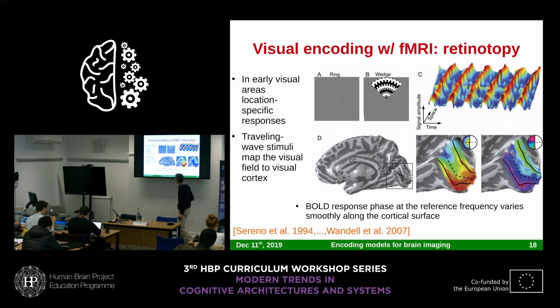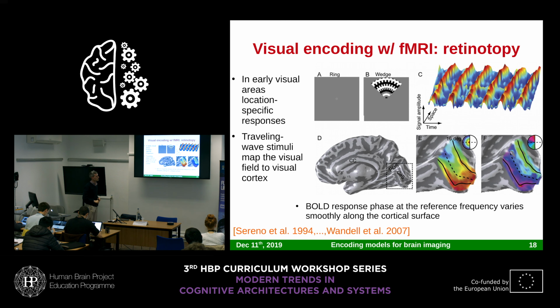Normally this is a movie and it moves, but here I put a PDF so you don't see the retinotopic stimuli moving. But the wedge stimulus should be sweeping the visual field, and the ring should be a ring that you see expanding in the visual field.